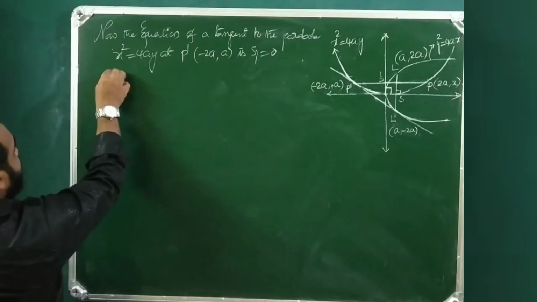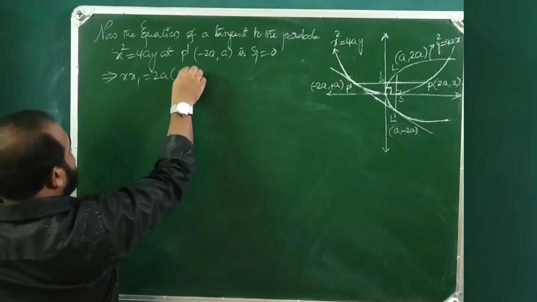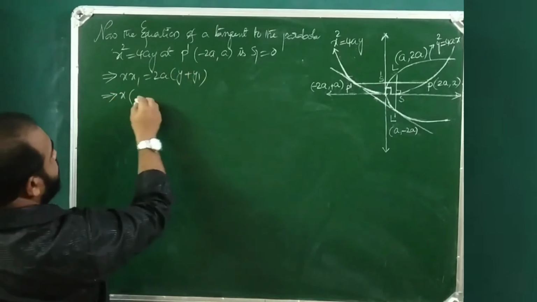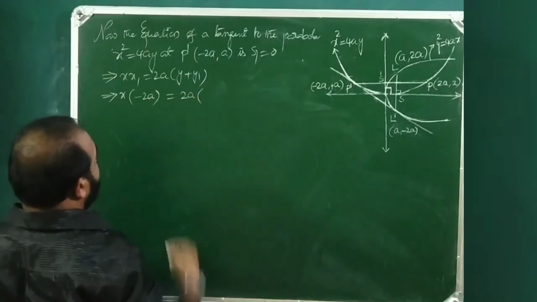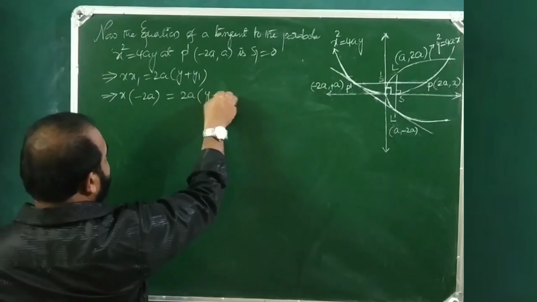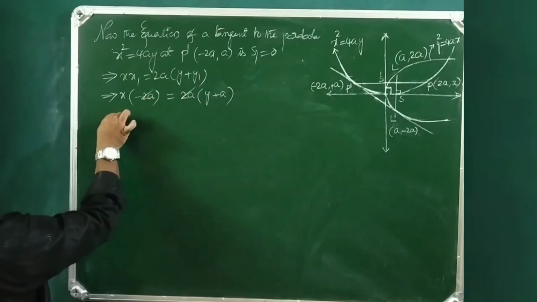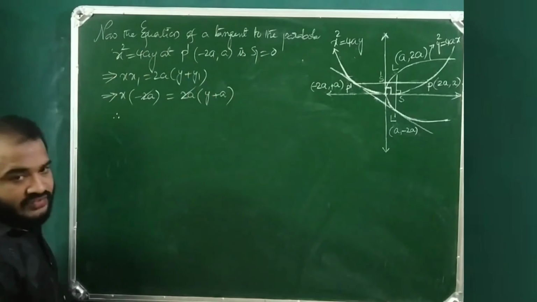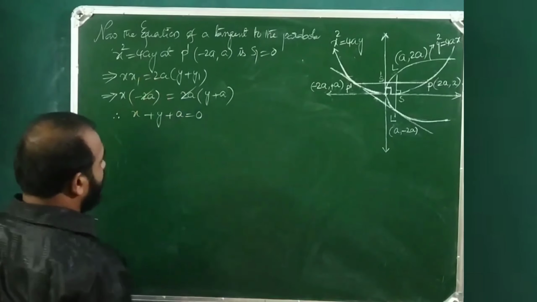That implies x x1 is equal to 2a into y plus y1. So x into minus 2a is equal to 2a into y plus a. So 2a gets cancelled. Therefore, this is minus x. If you transpose to the other side, this is x plus y plus a is equal to 0.